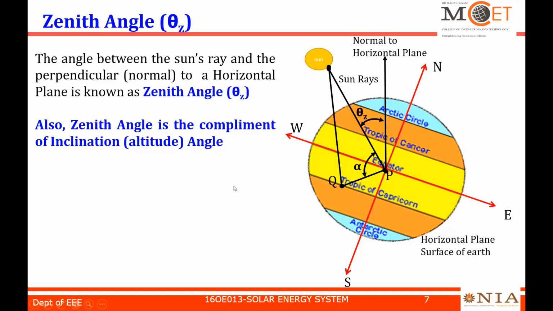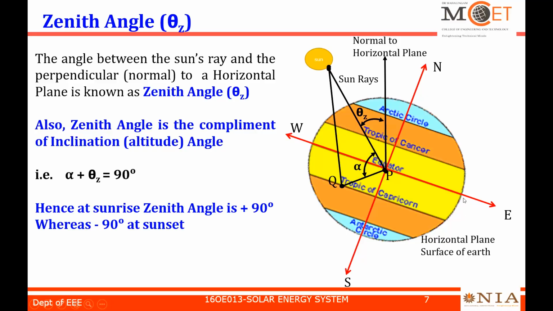Zenith angle is a complement of inclination angle, so alpha plus theta z is equal to 90. Hence at sunrise, zenith angle is plus 90, whereas minus 90 at sunset.